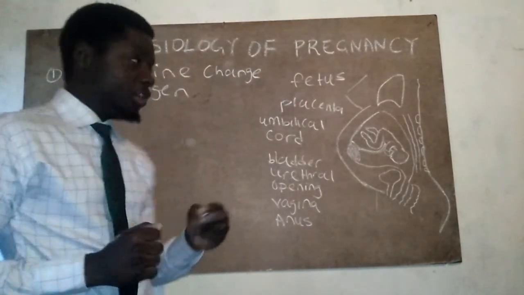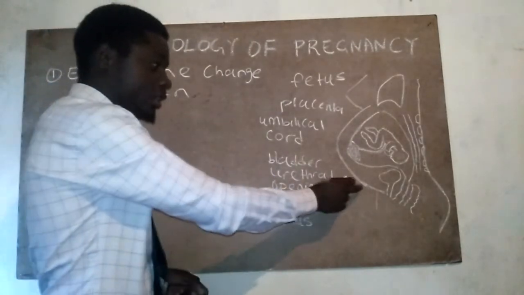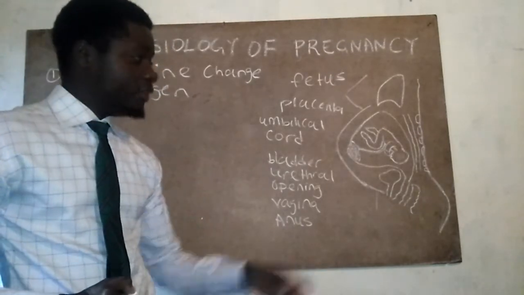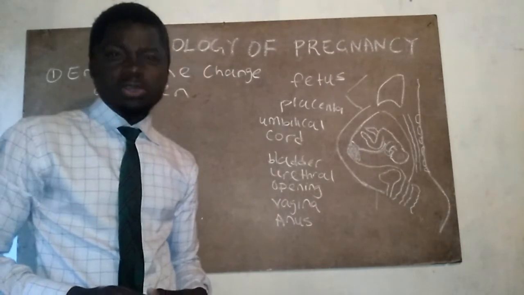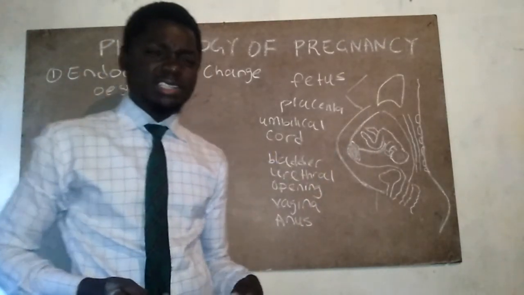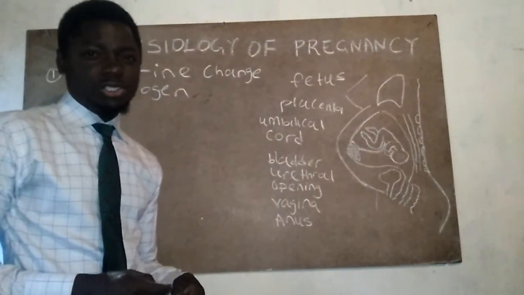Point to note: estrogen is the developing hormone. It's going to stimulate maternal growth. The growth of the uterus is because of estrogen. The growth of the fetus inside the uterus is also because of estrogen. All the maternal changes during pregnancy, such as growth of the breast, are due to estrogen circulating around in the body.